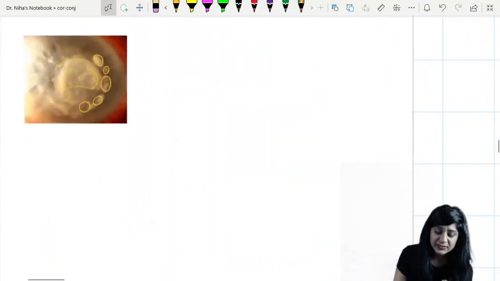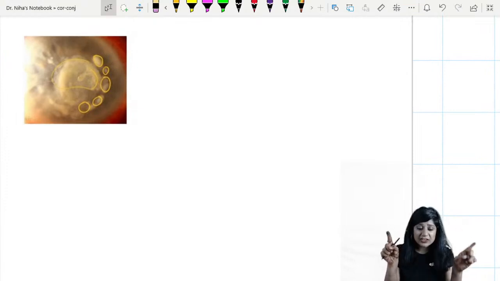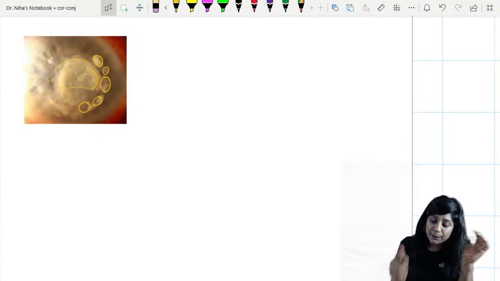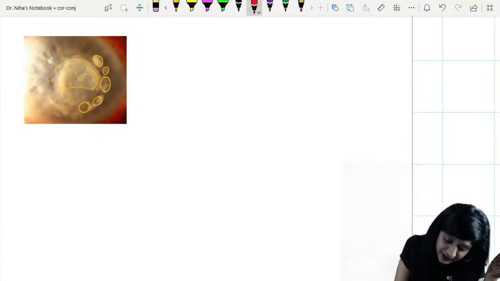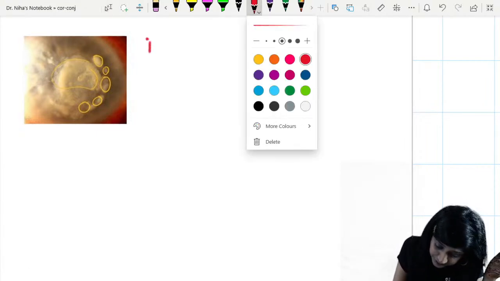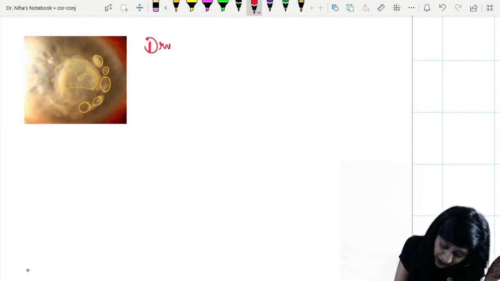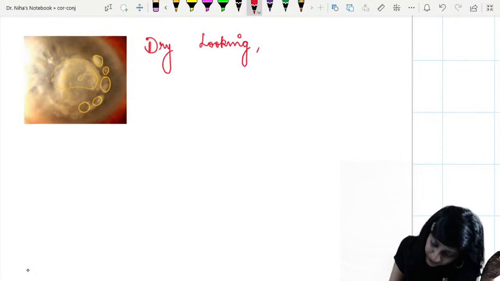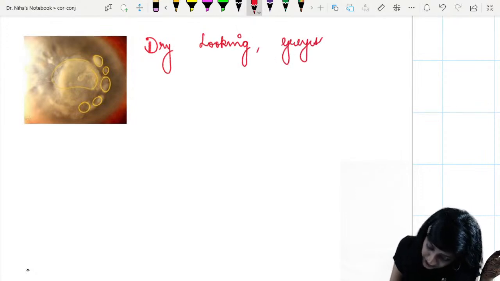Can you see this? We are having a large ulcer and we are having the smaller ulcers also. So basically what you are seeing is a dry looking ulcer. It is grayish white.